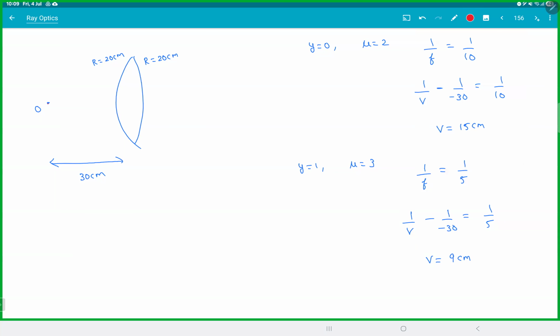That means the light rays which are pretty close to the center meet here. The light rays at the extreme meet here.